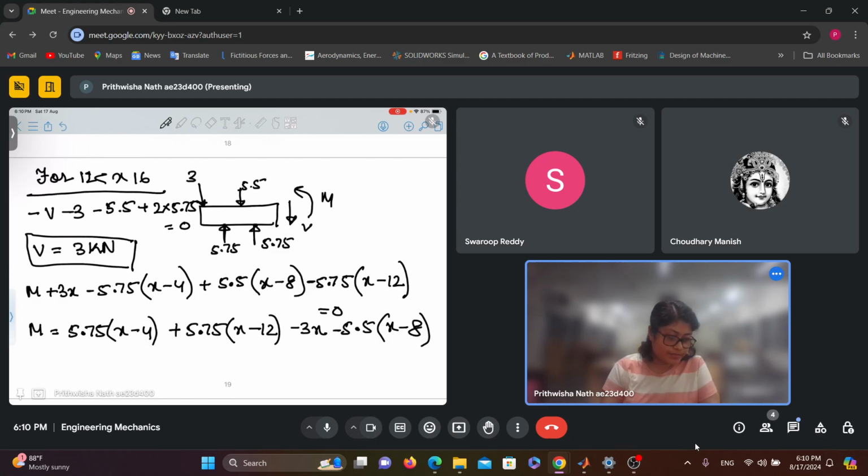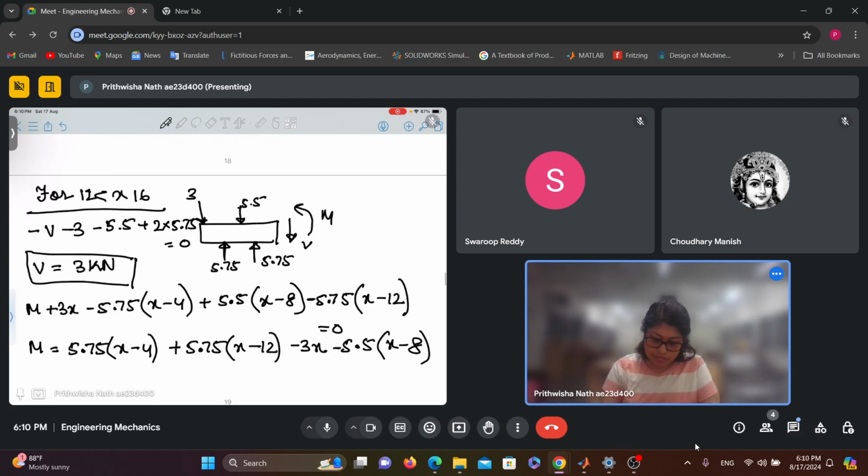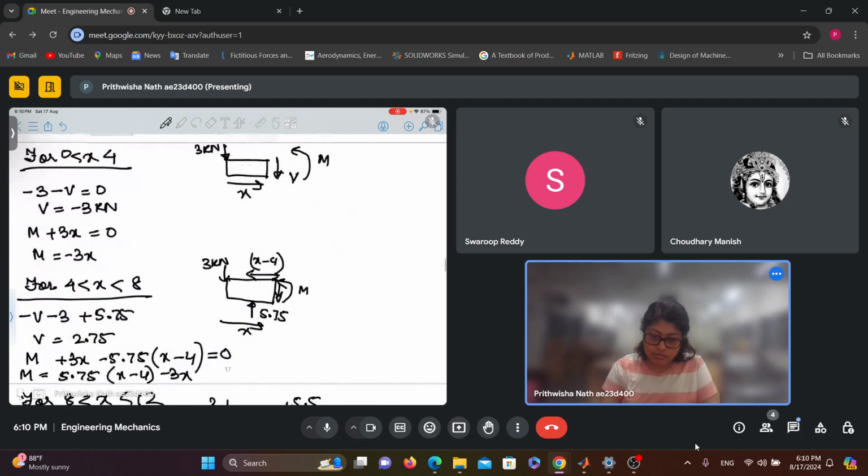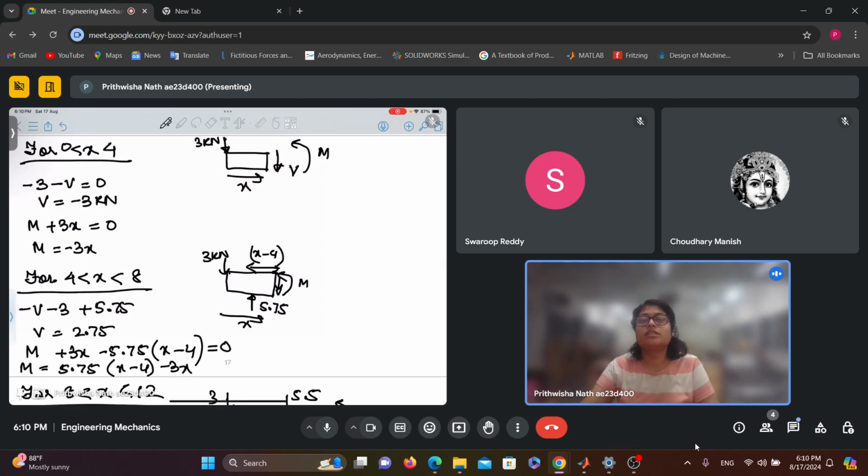Can you tell me? These are the equations, so which should be the maximum bending moment?